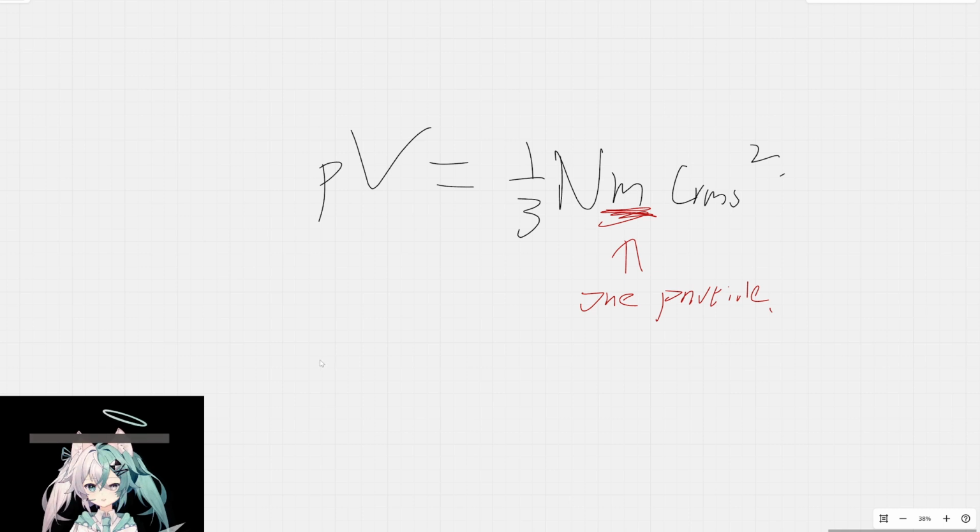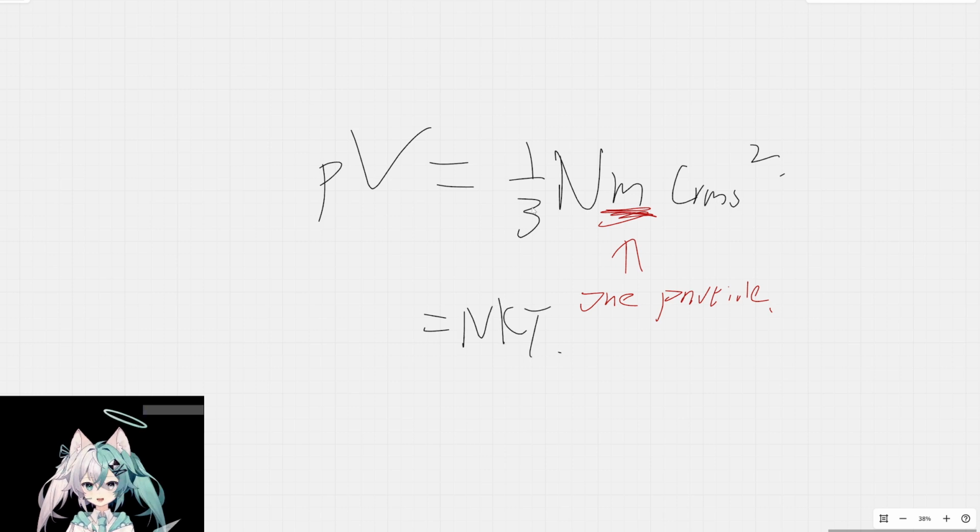And since we also have PV equals NkT, we can say that those two equations are equal. We can write an equal sign between those sides as well.